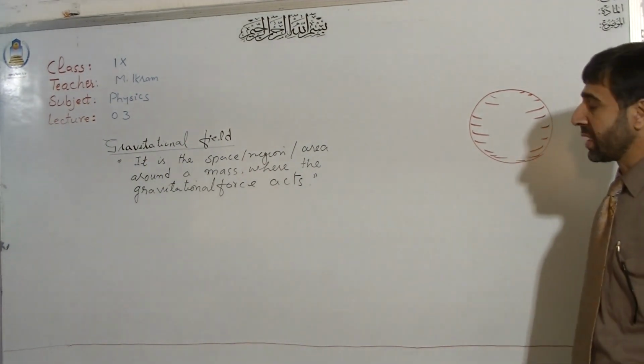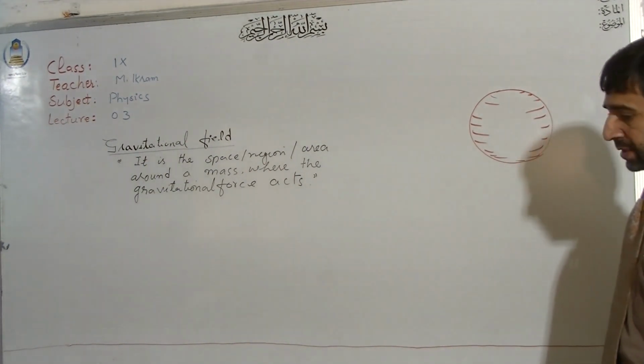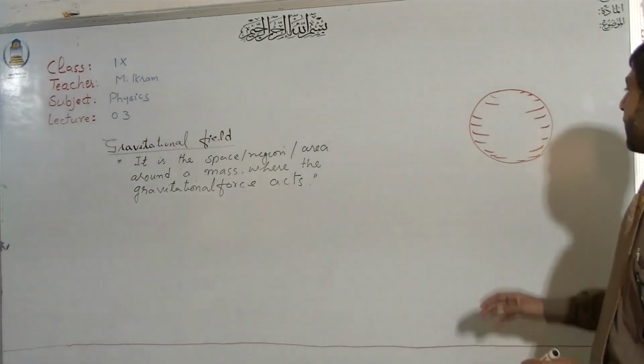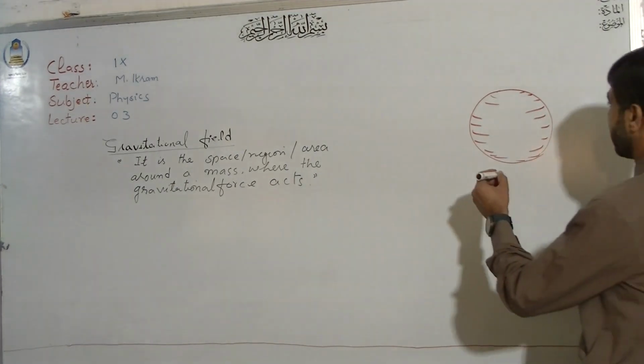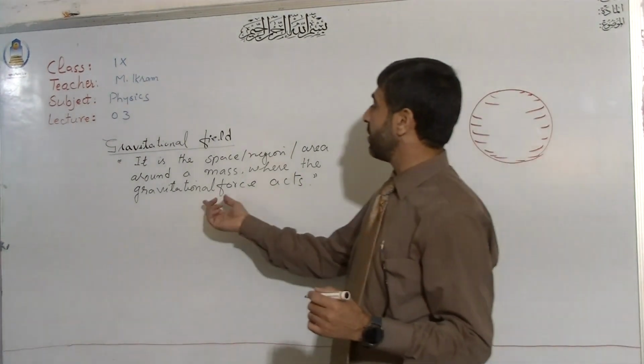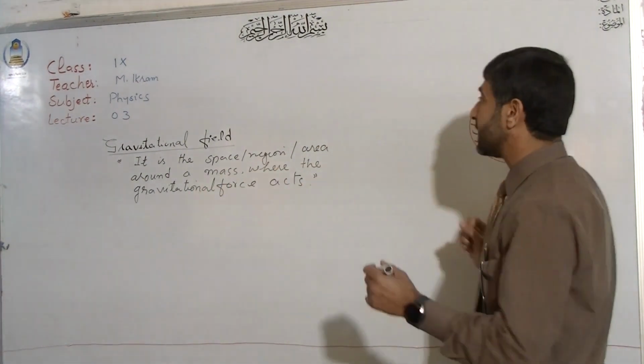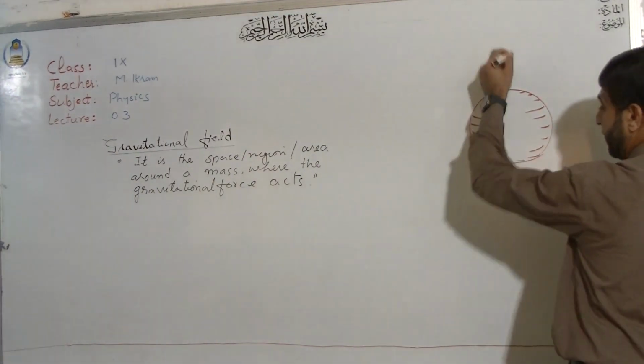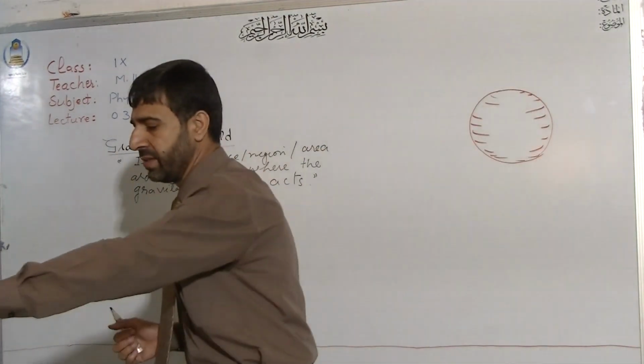We can denote it by using lines, arrows like this, for example. That is, the gravitational field can be denoted by lines that are drawn radially inward.